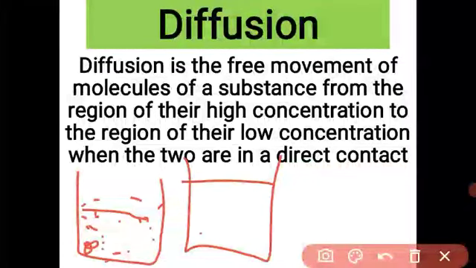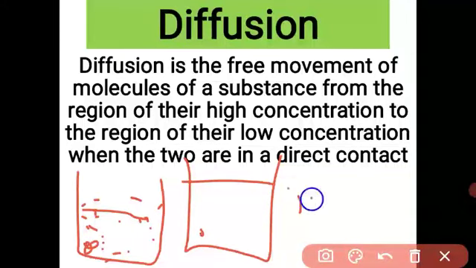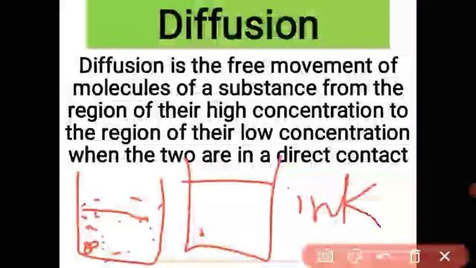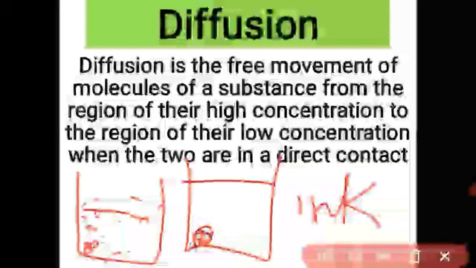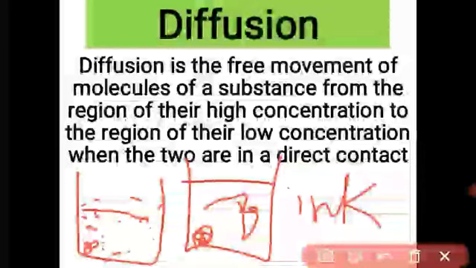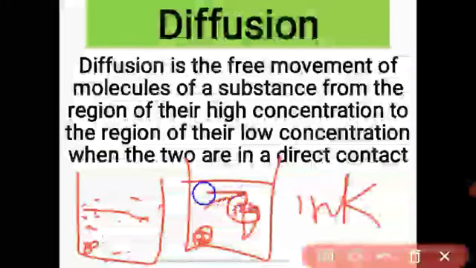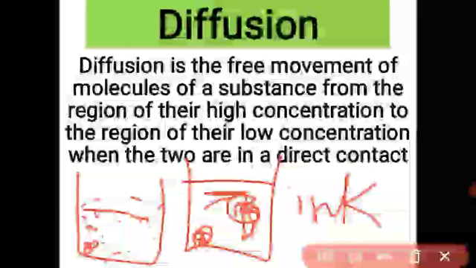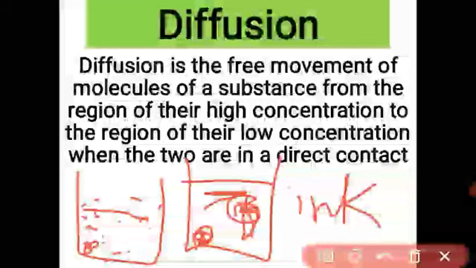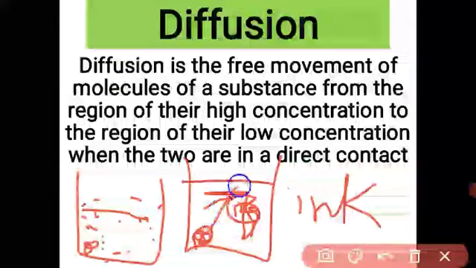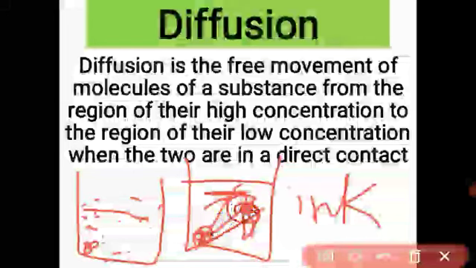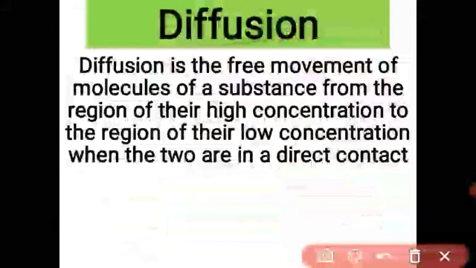When I put 2-3 drops of ink in the water, there is a high concentration of ink at that spot, and a low concentration of ink elsewhere. So the movement of the ink molecules from the region of higher concentration to the region of lower concentration by direct contact is called diffusion.